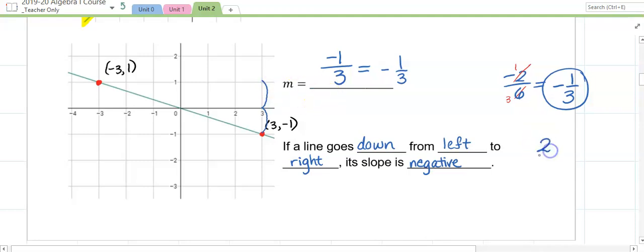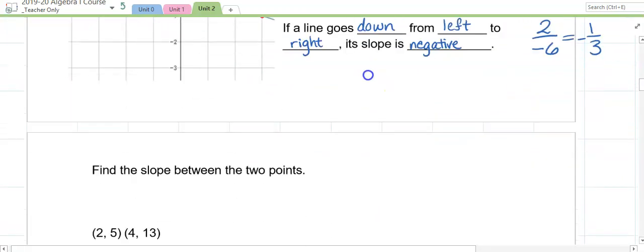So we're going up 2, so I'm making it a positive 2. And then I'd go back 1, 2, 3, 4, 5, 6. 6 to the left makes it a -6. It still reduces to be a -1/3. No matter how you try to count it, you will get the same exact answer.